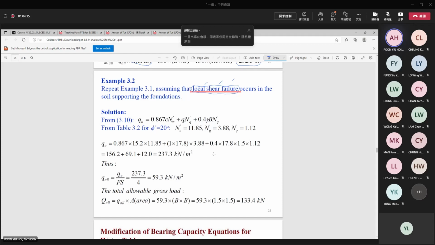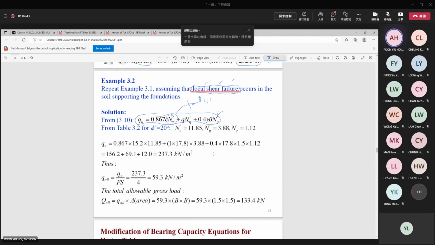Again, we have to use the modified equation and also the modified factors. So there are two things that are modified. The equation itself is modified, and also all these three bearing capacity factors are modified. So you have to look up another table, which is table 3.2. But the rest of the concept is just the same.